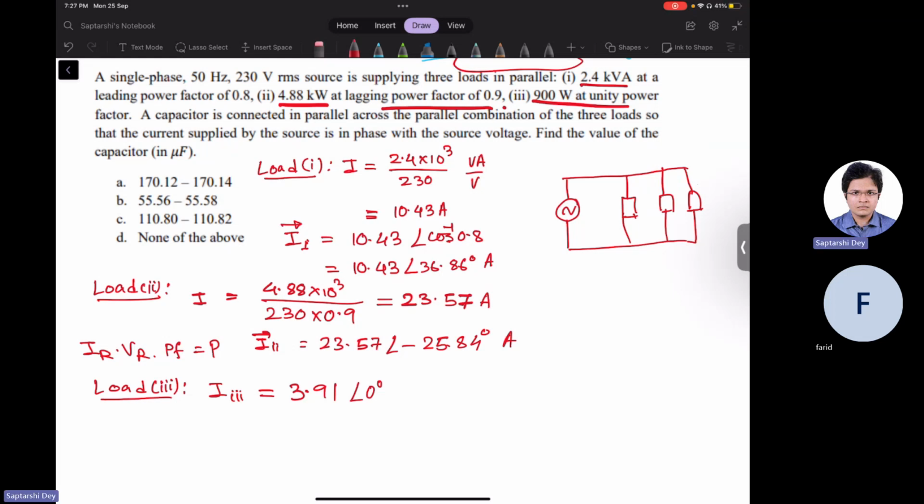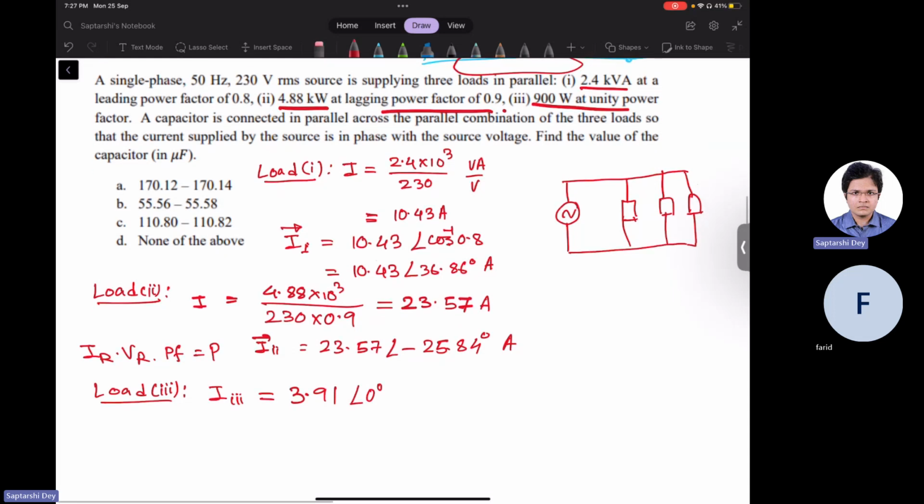You got my question? This is a single phase parallel circuit. So while drawing the phasor, which phasor should I take as the reference phasor?